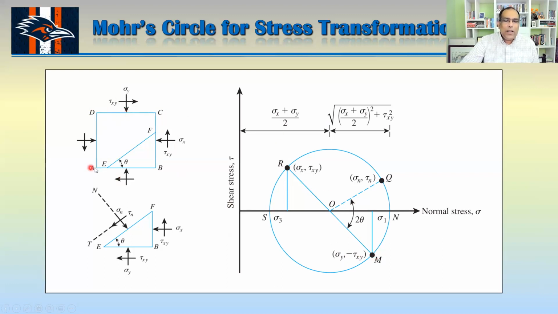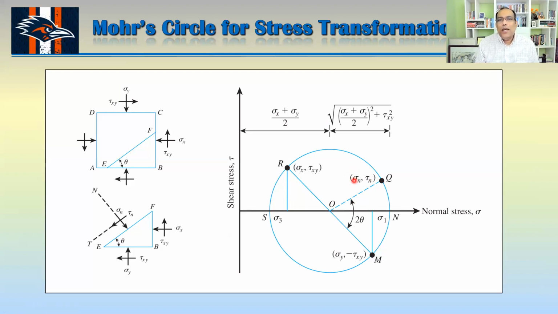And this one, like DC or AB, this plane makes an angle theta with that. So if you measure twice theta from there, you will find point Q, and you can read the normal stress and shear stress from the graph. So Mohr circle is basically a graphical method, right?